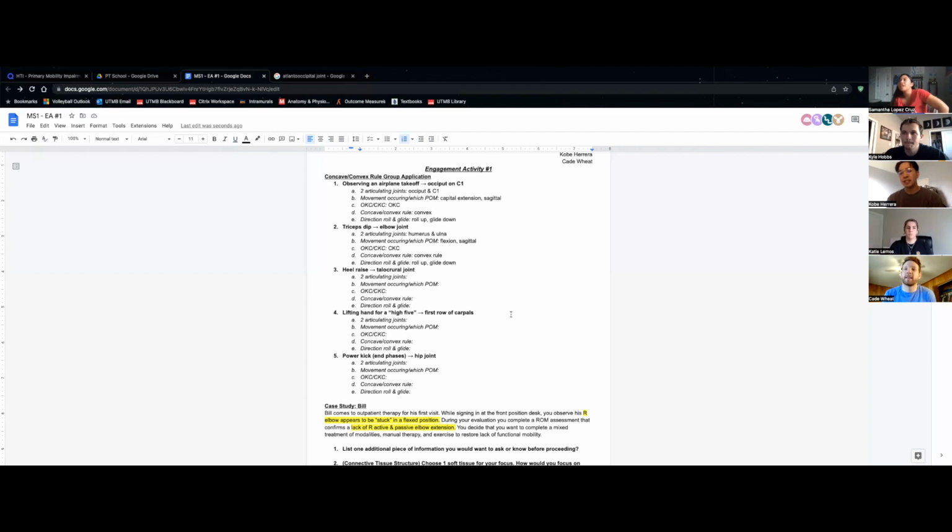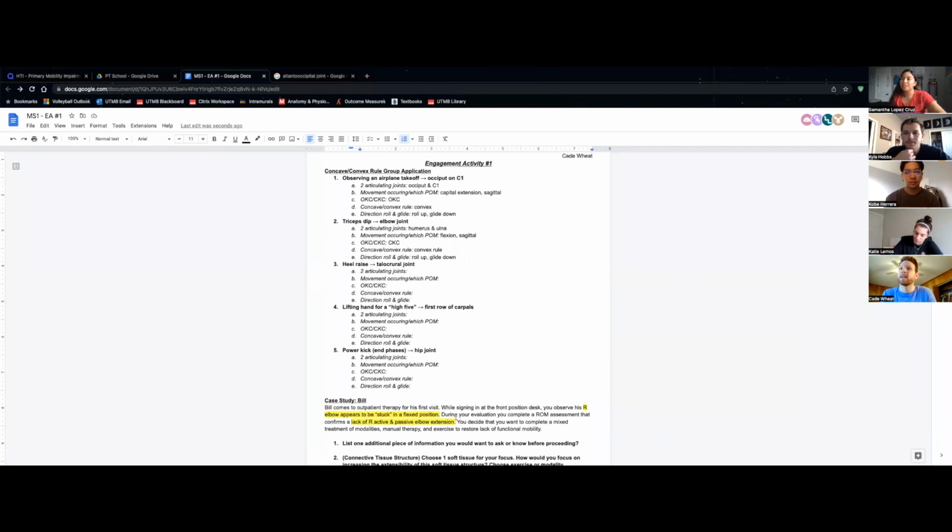Wait, no, the shaft is moving the opposite. But it's a convex roll, so the roll would be the same as the shaft, which is up, slides down. This is confusing. You go one way and then you change the rule and then you go the opposite way again. Just keep flip-flopping back and forth.